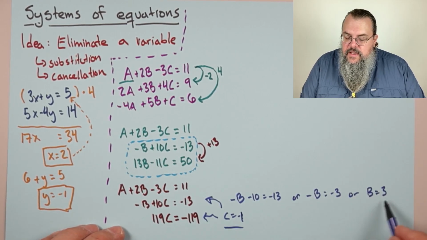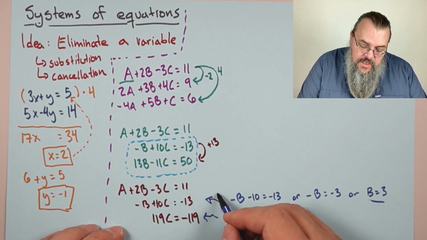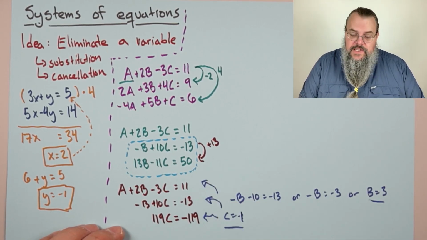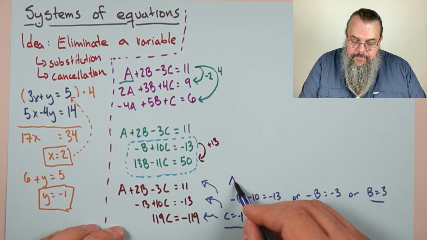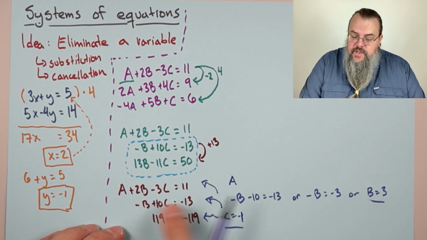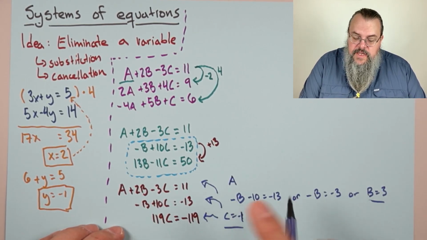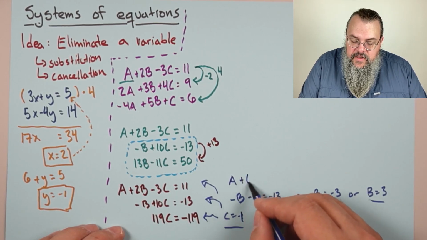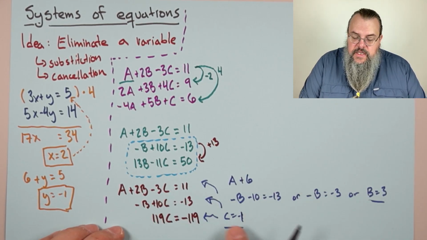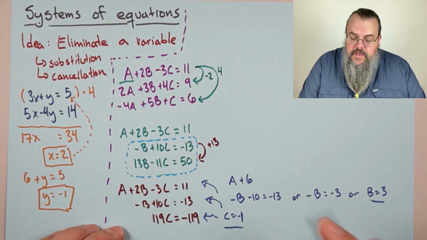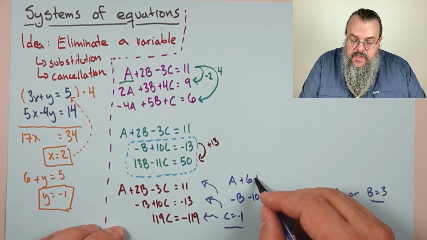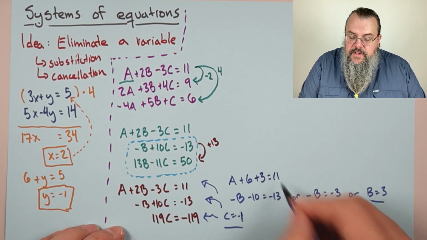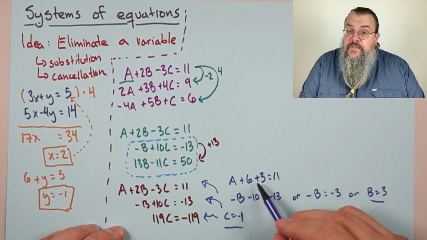So we have c, now we have b, and so now we can work it back up. So we have a plus 2 times b, so 2 times 3 makes 6, minus 3 times minus 1, that's a plus 3 equals 11, or a plus 9 equals 11.